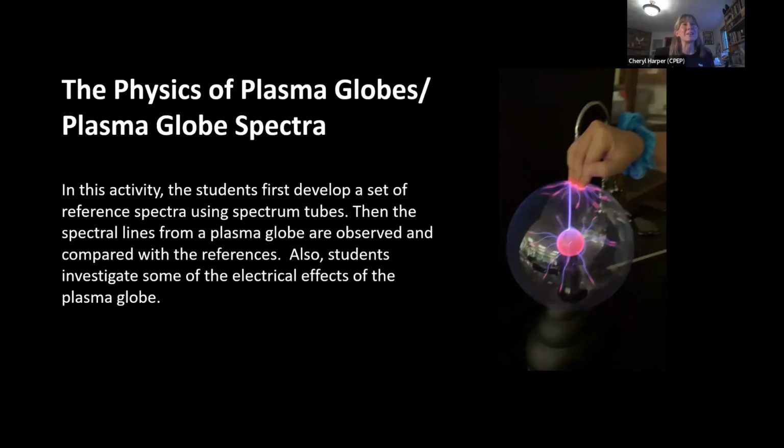So there are a couple sales here and there. But in this activity, the students develop a set of reference spectra using spectrum tubes, and then the spectral lines from the plasma globe are observed and compared with the results to see if they can figure out maybe what could be in that plasma globe.